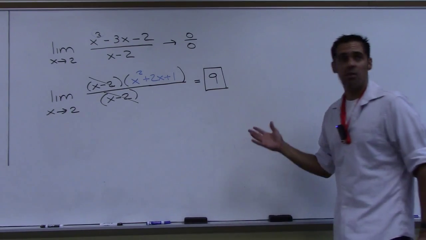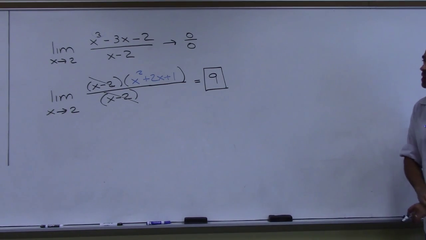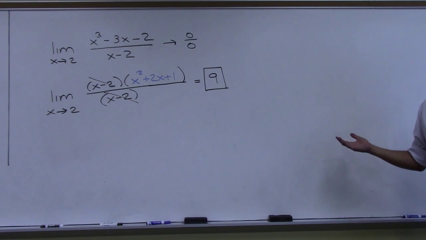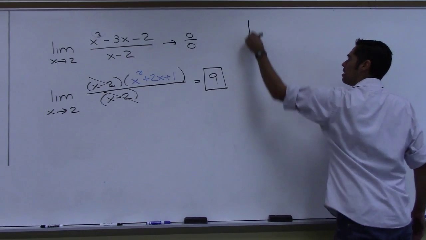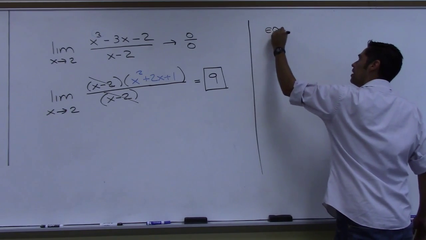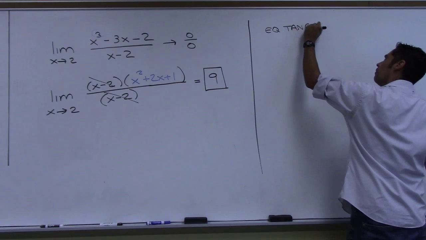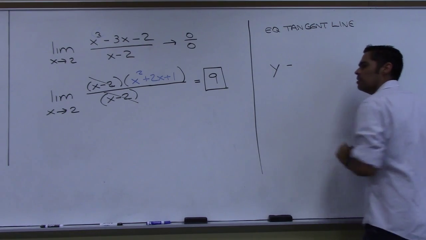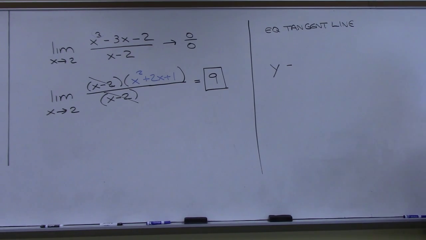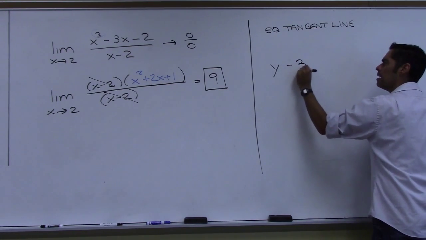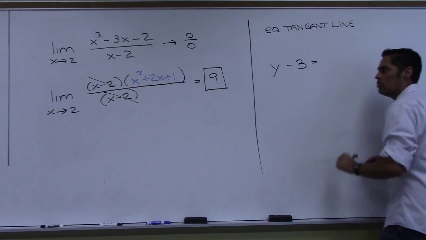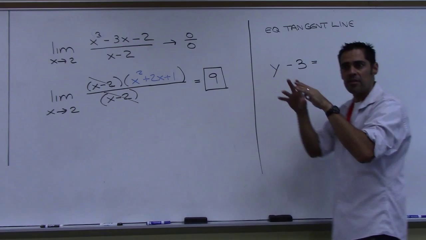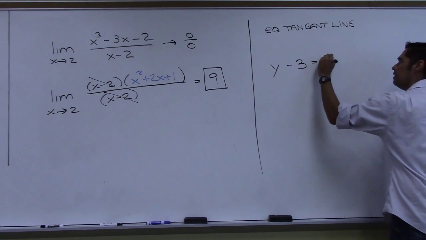All right, so all we've done so far is find the slope of the tangent line. We found the other piece, so I think we can plug everything in. Here comes the equation of the tangent line. It should be y minus, what was f of a? It was 3. y minus 3 equals m, which was this whole limit as x approaches a, and we said that was 9.